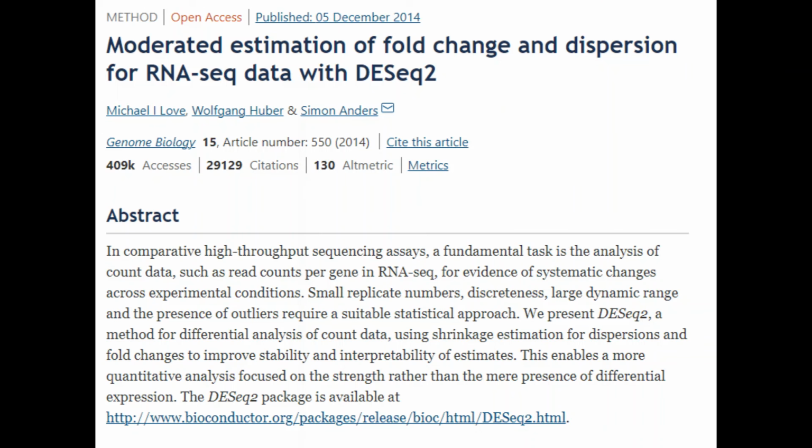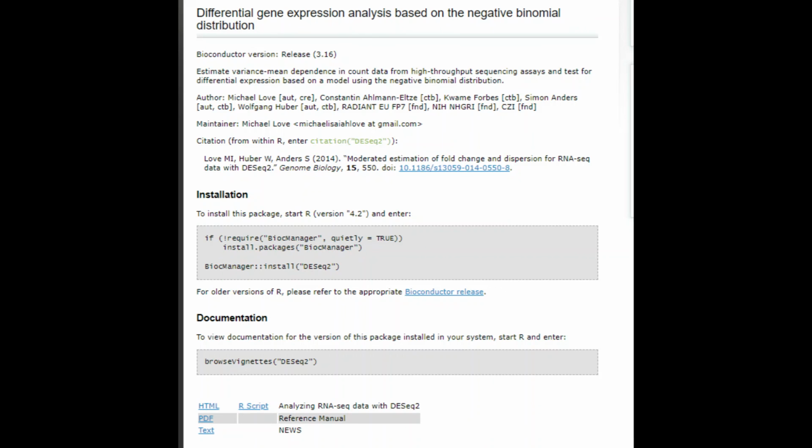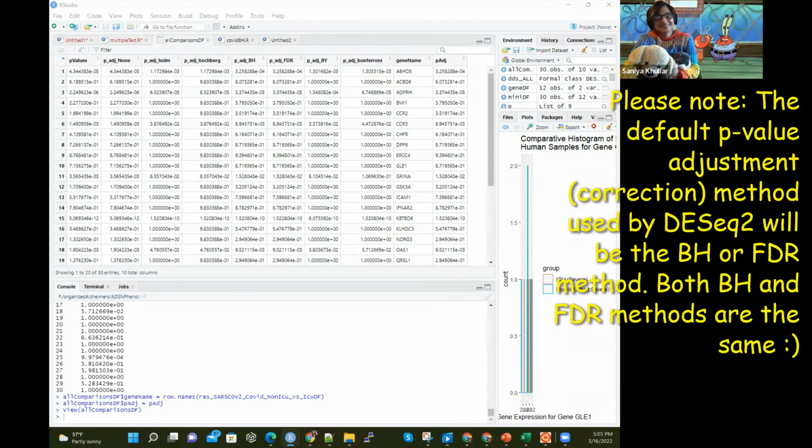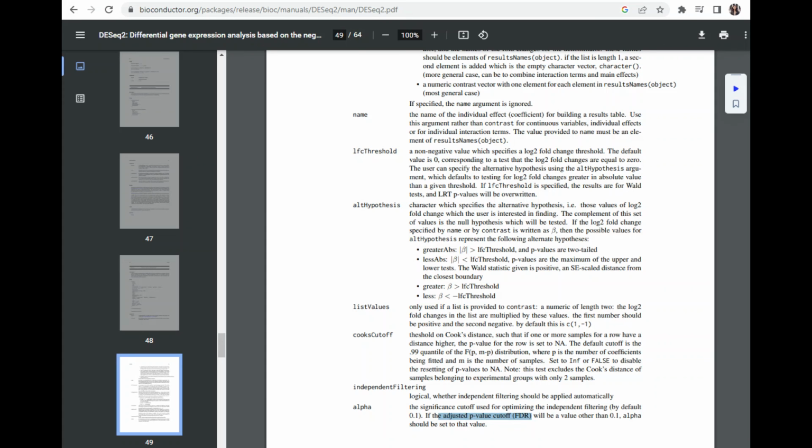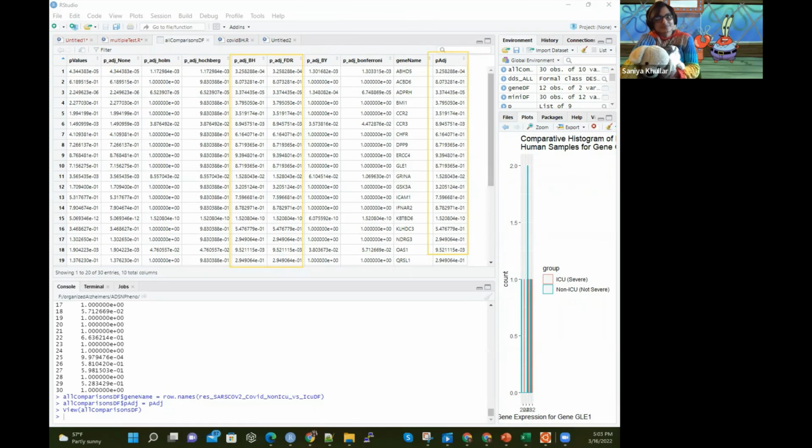If you know what I mean, the default p-value, we can already kind of guess what it is. The default returned by DESeq2 will be the Benjamini-Hochberg test correction. These line up. These are the same.